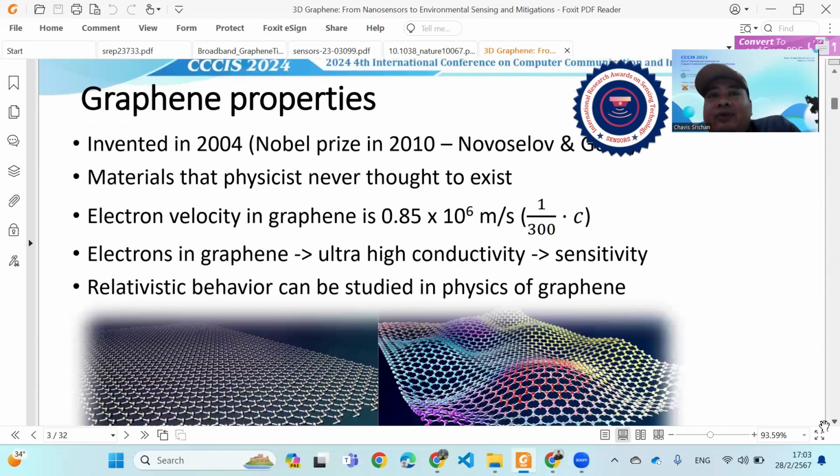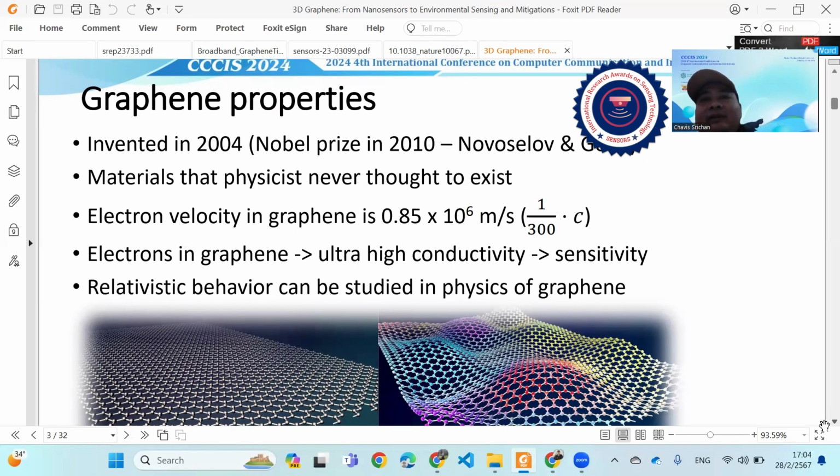Okay, so what exactly is graphene? It was invented in 2004, and it's one atom thick. When we solved the Schrodinger equation to find the band structure, we found that the dispersion relation is photon-like.